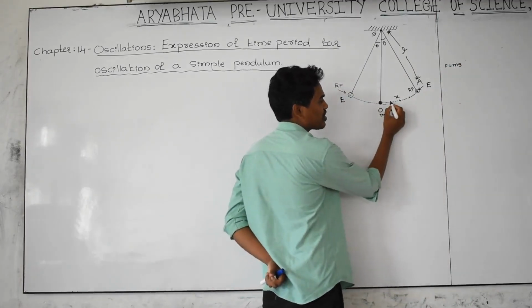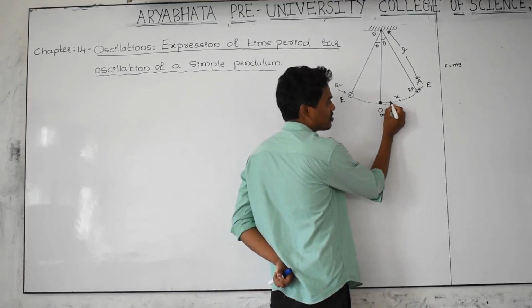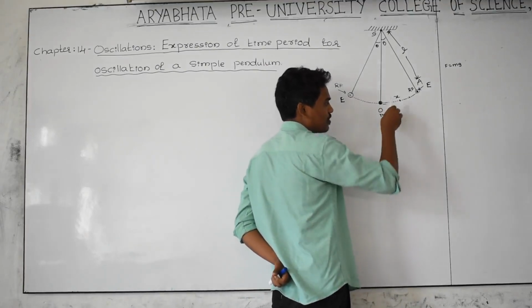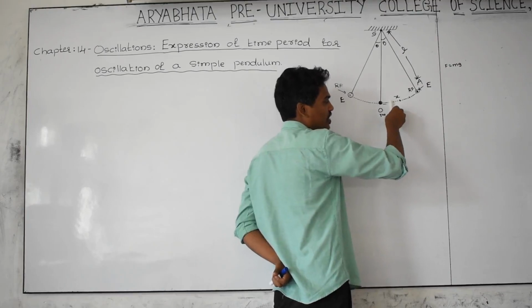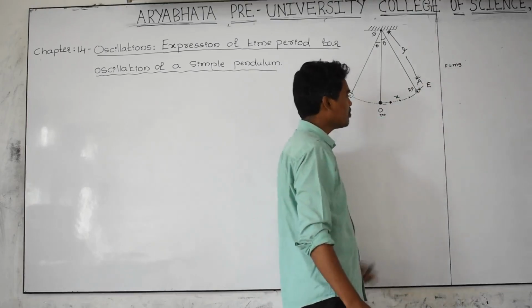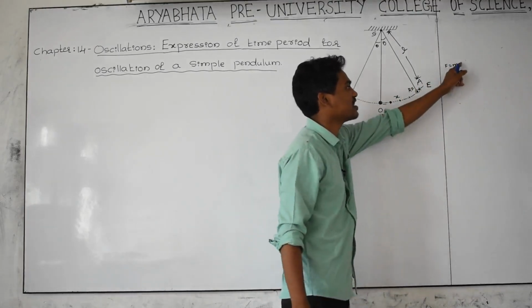When the body is at this point, by the earth in the downward direction the force is acting like this, again F equal to mg. What is m? The mass of the body. g is the acceleration due to gravity.